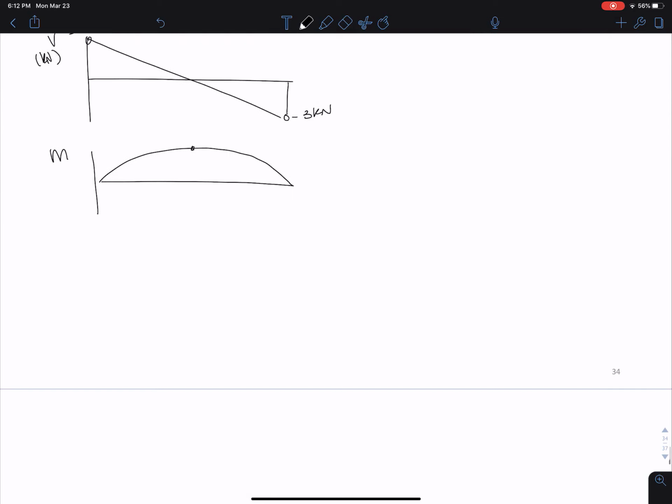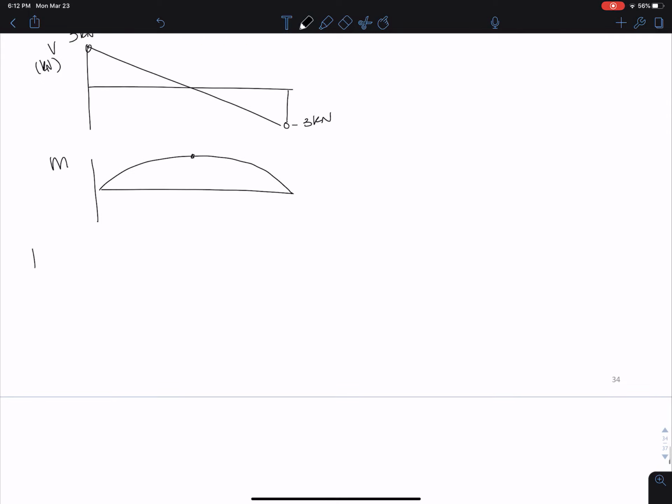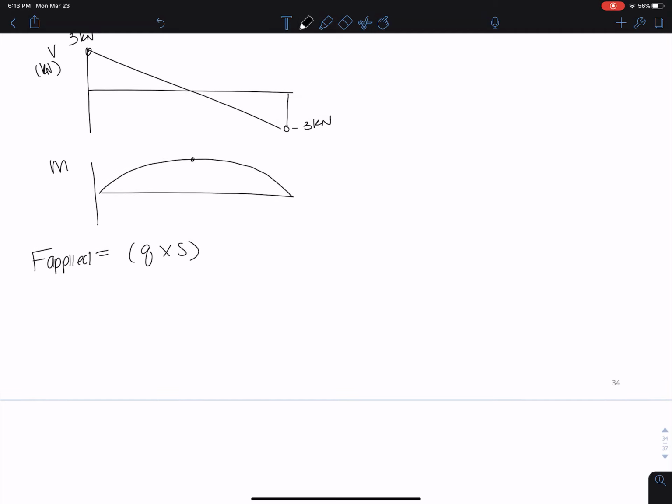We need to find the force applied on each screw. So what we want to do is F applied is equal to the shear flow times that spacing S. This is kind of like the length of responsibility of each screw, divided by the number of shear planes. And we'll talk about this in a second.